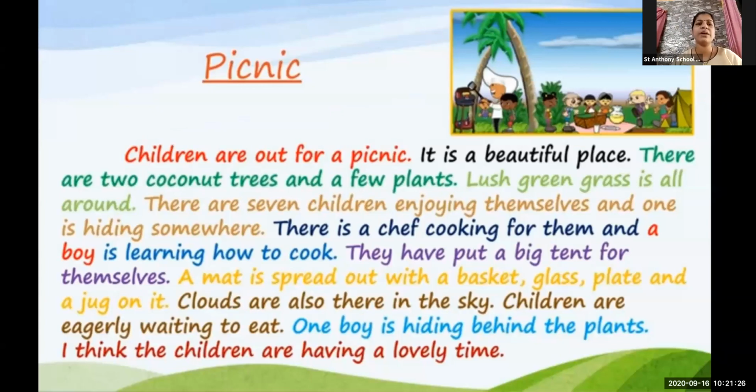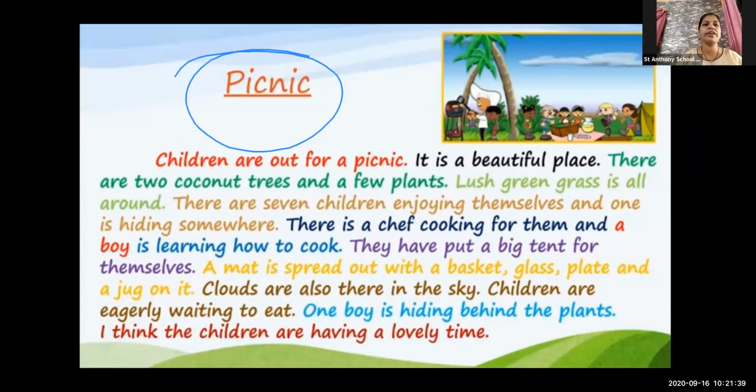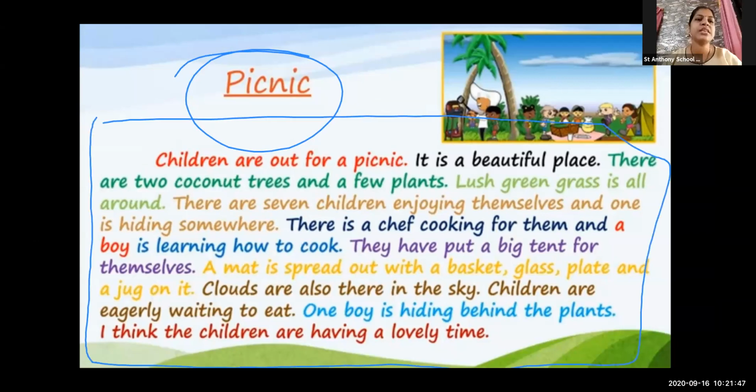Now, here is the paragraph which I have given to you. How I have described this, the picnic. The theme of the picture was picnic, so I gave the name picnic. Now, how I have described that is given in so many sentences. With the help of so many sentences, I built up a paragraph.